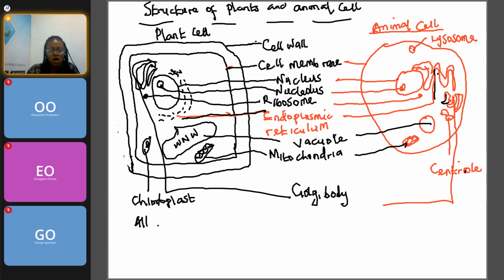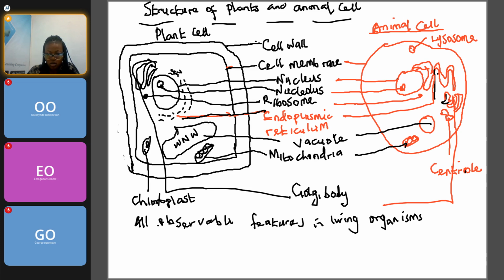All observable features in living organisms are called phenotype.